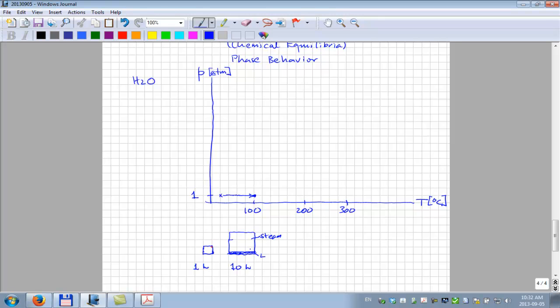We're still at 1 atmosphere, still at 100 degrees C. The molecules all have the same energy. They're equally happy. No big deal. It's just that you have more of the molecules in the steam phase, and the liquid phase is probably down to maybe 0.8 liters. And you've got 9.2 liters of steam.